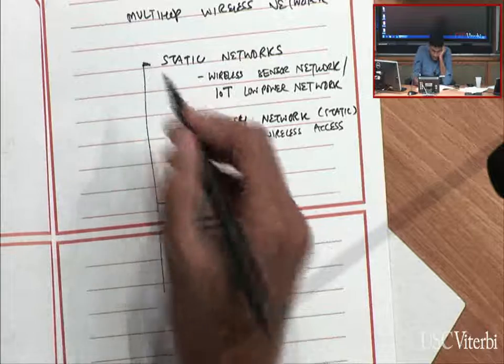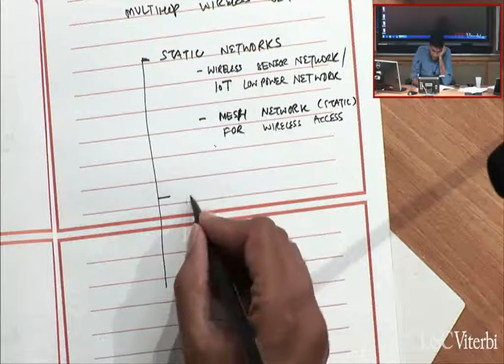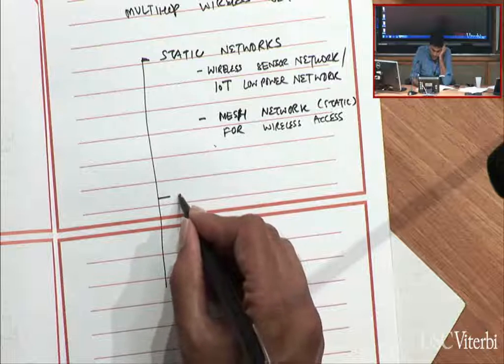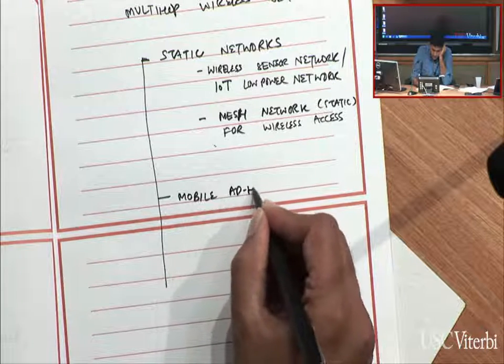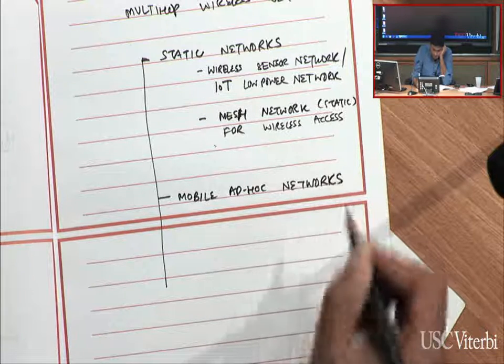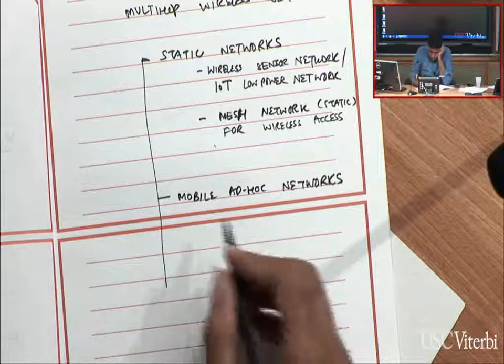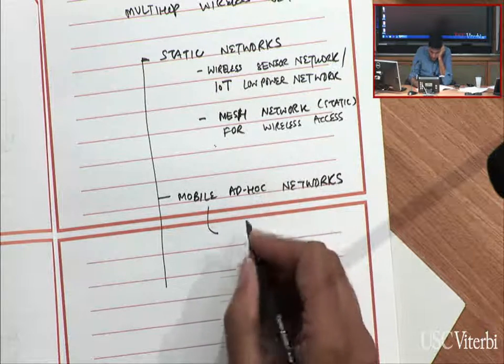So the second level of multi-hop networks in terms of mobility is a class of networks that we sometimes refer to as mobile ad hoc networks. With mobile ad hoc networks, the idea is that they are multi-hop. The nodes are mobile.